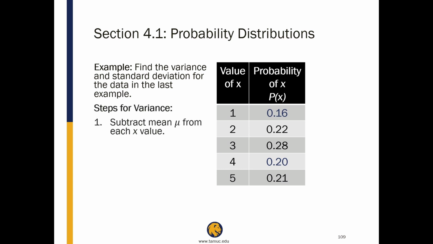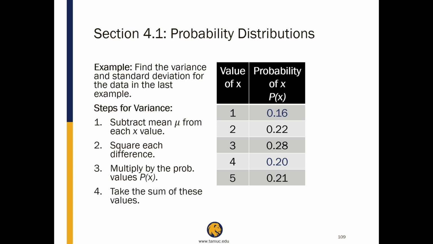To do that, we're going to start by doing the steps here, which mirror the steps we did before for standard deviation. We subtract the mean from each value x, then we square each of those differences we get from subtraction. Then we multiply, and this is the new thing, we multiply by the probability values.